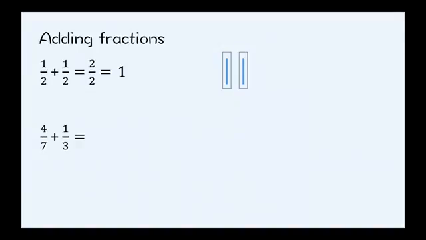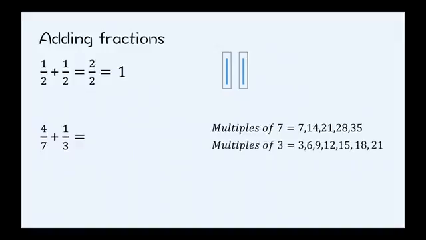How are we going to add 4/7 and 1/3? Remember that we need to have a common denominator before we can add fractions. And at the moment we have a 7 and a 3, which aren't common denominators because they're different. What we need to do is work out the lowest common multiple of 7 and 3. A multiple of a number is just the number keep adding to itself.